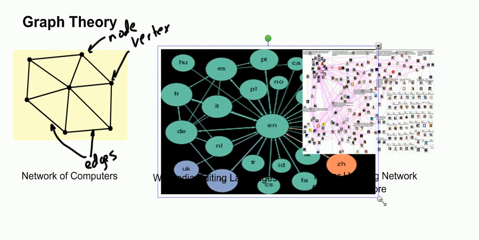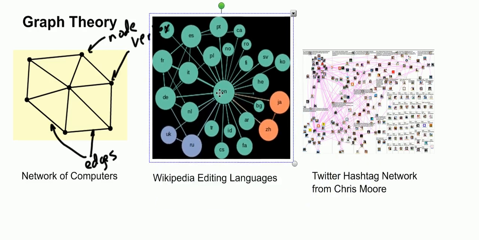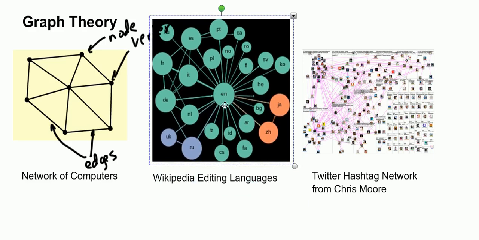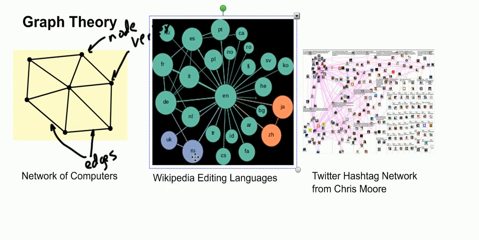For example, this graph right here shows Wikipedia editing languages. The arrows show if somebody has edited both an English Wikipedia page and, I guess, a Norwegian page. You can see the Russian and Ukrainian, there's an arrow going in both directions. If we make this a little bit bigger, you can see that you have editors working on both of these.